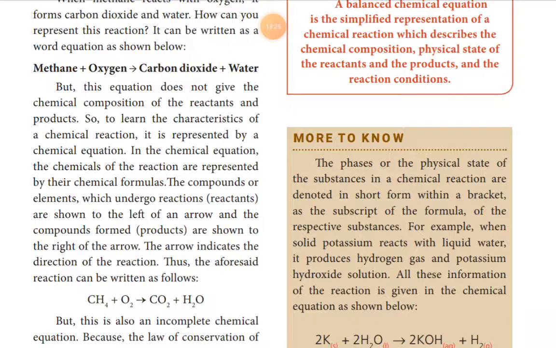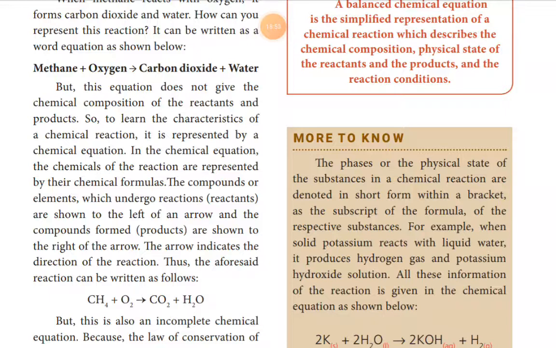You should know the formula of methane, oxygen, carbon dioxide and water. Then only you can write the chemical reaction. The next step, we have to check whether the reaction is balanced or not. Then only it is going to be a balanced chemical equation. Otherwise, it is going to be a skeletal equation.